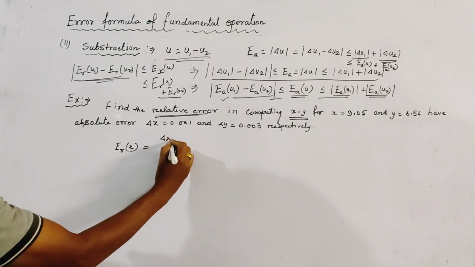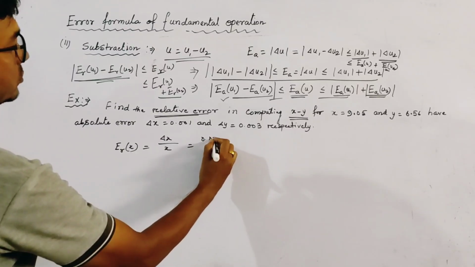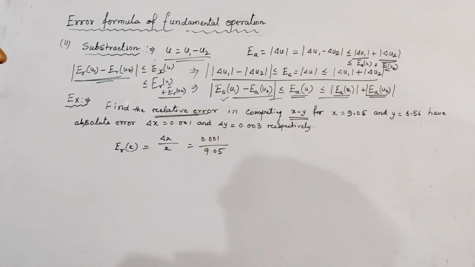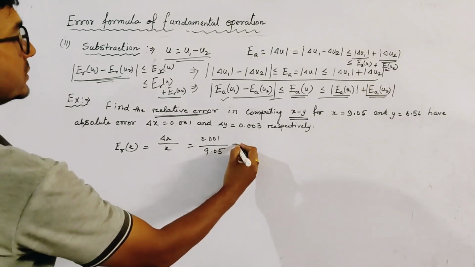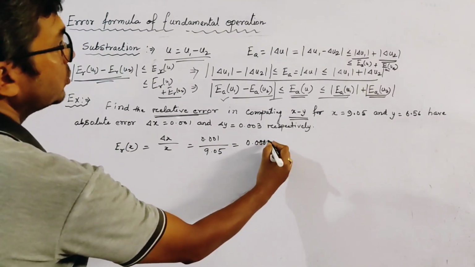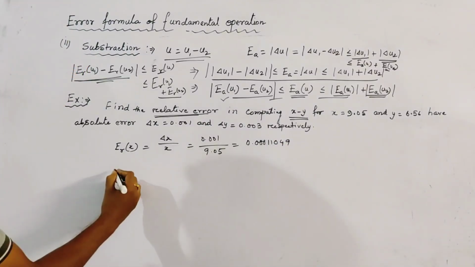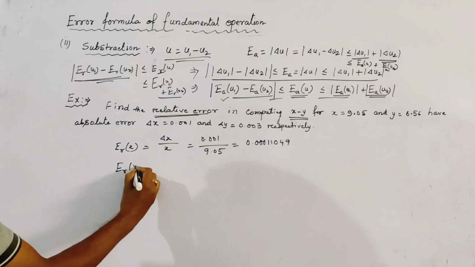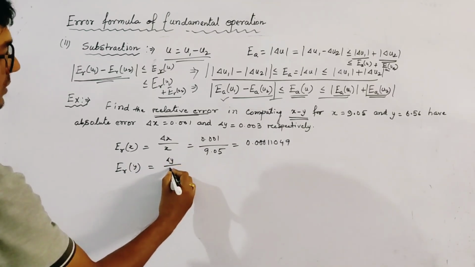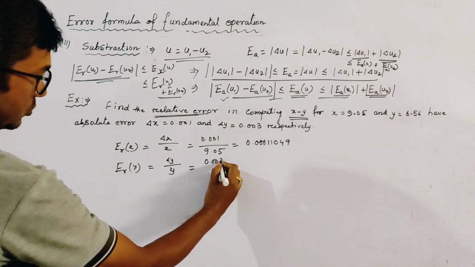This is given by delta x by x, and this is 0.001 by 9.05, and this is approximately given by 0.000111049.